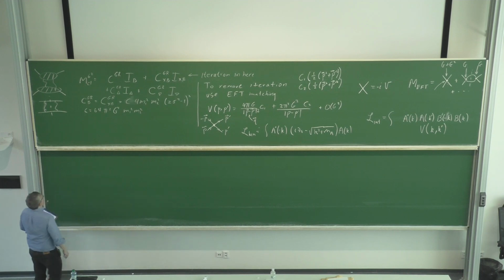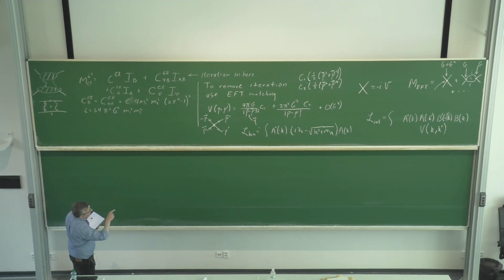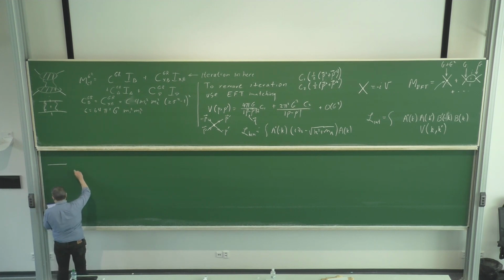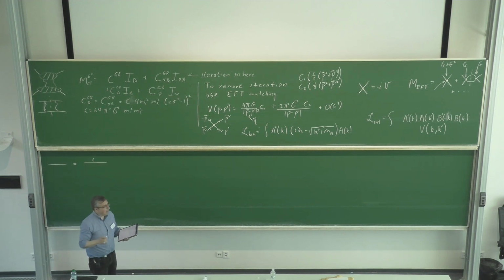Or you could say it's a simplified version of general relativity where we write everything in terms of the potential. Okay, so what do the Feynman rules look like? Well, there's a propagator. The gravitons don't propagate. We don't need a graviton propagator. It's already in the potential.